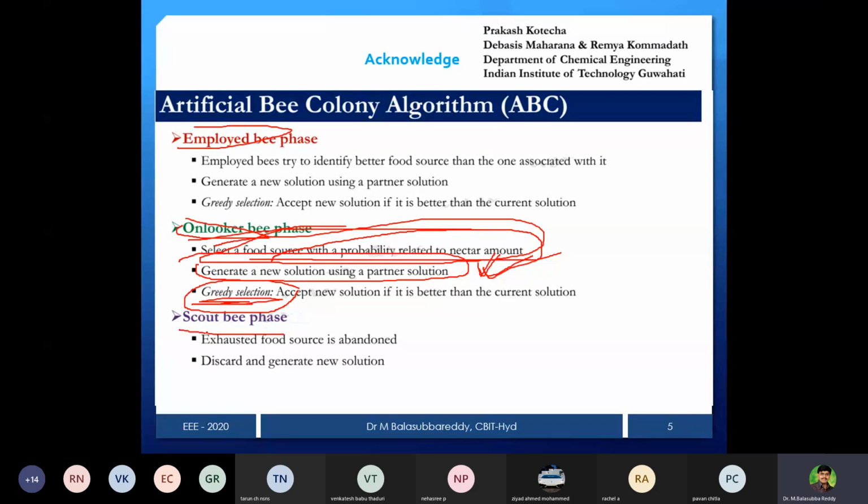And the third procedure is the scout bees. An exhausted food source is abandoned and discarded, and a new solution is generated. Suppose the failures are more, or you can say the trial count, anyhow that will come under the algorithm. For the moment, an exhausted food source is abandoned, then you discard that solution and generate a new one.